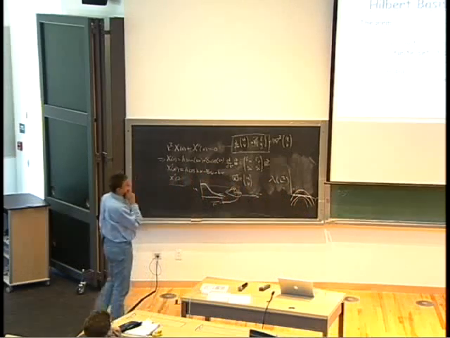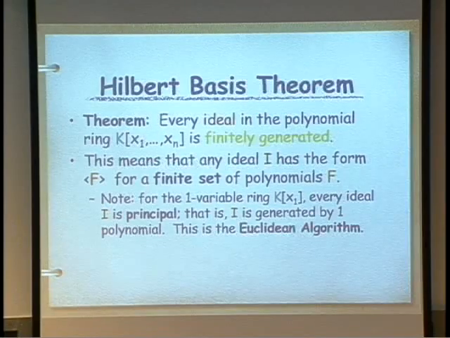Hilbert's basis theorem says that every ideal in a polynomial ring is finitely generated. Abstractly, an ideal is just a subset of polynomials that's closed under addition and multiplication by other polynomials. So any two polynomials in the ideal, if you add them up, are still in the set, or you can multiply by some arbitrary polynomial and it's still in the set.